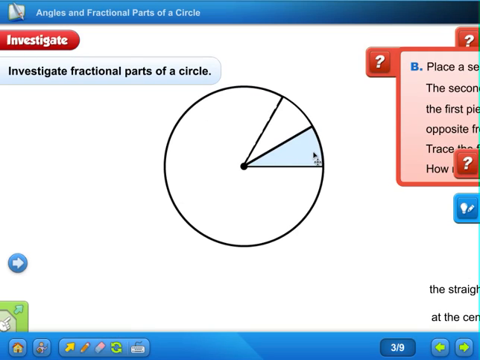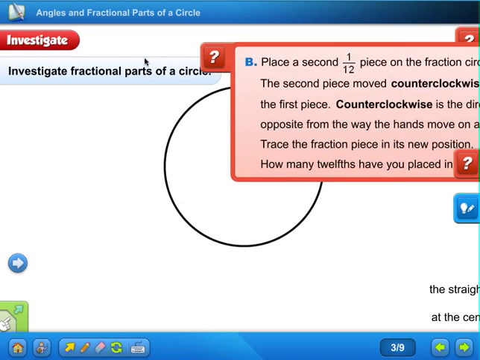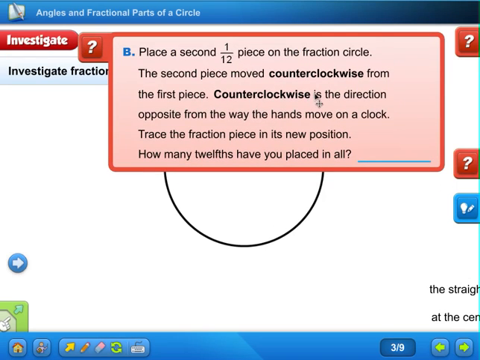The first one was here. The second one was here. When you have a clock, it goes tick, tick, tick, that way. Here, it's going backwards. So they call that counterclockwise. Counterclockwise is the direction opposite from the way the hands move on a clock.